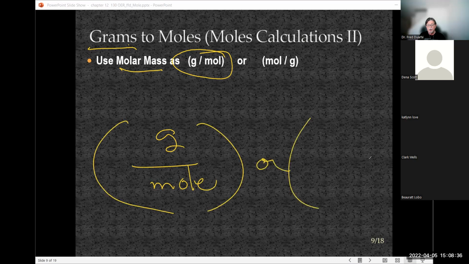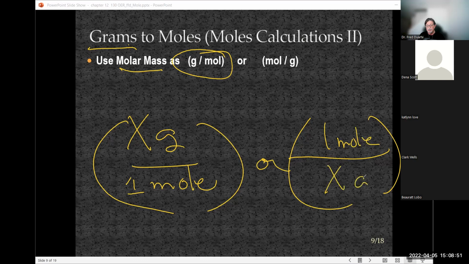And so we can write that as either grams over moles, whatever grams is, X, where normally moles is 1, X number of grams per mole, or we can write it as 1 mole divided by X grams, okay?